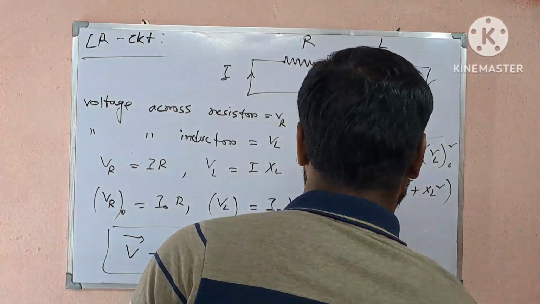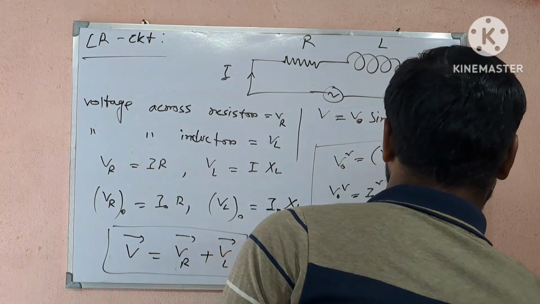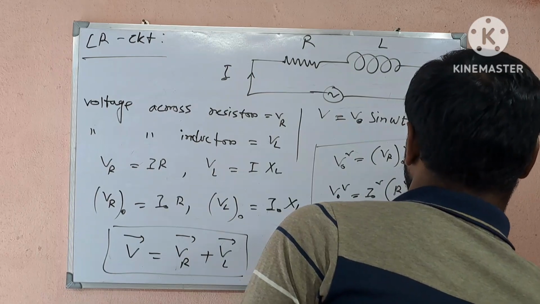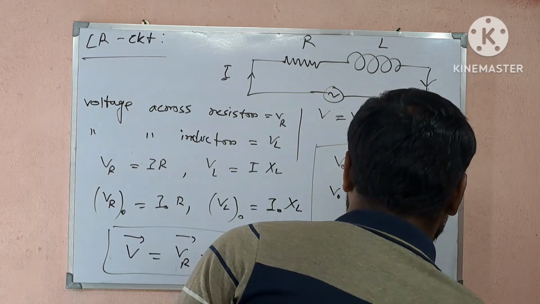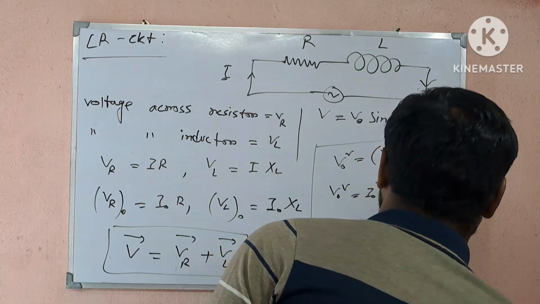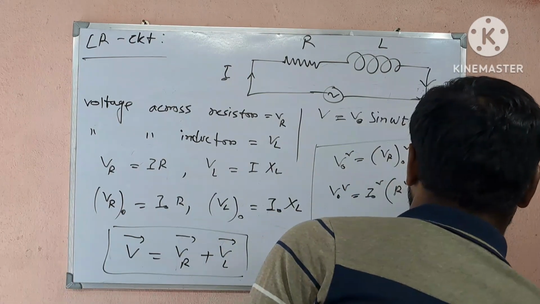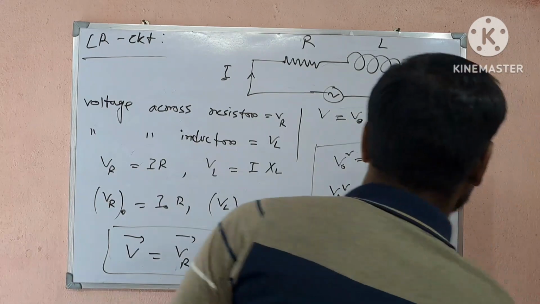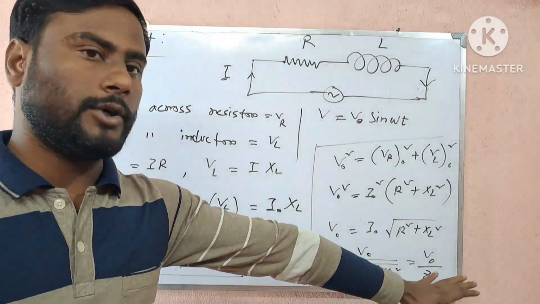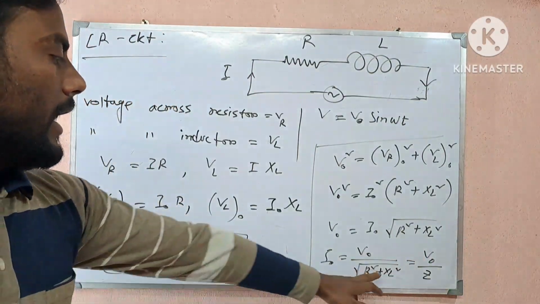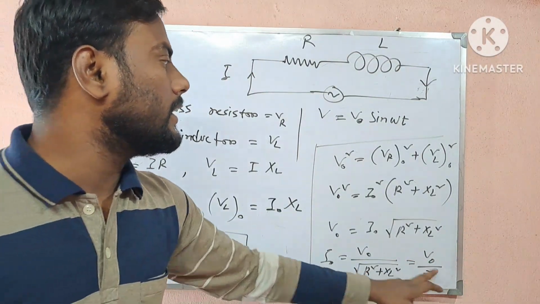We can write V naught equal to I naught into root over R square plus chi L square. So I naught equal to V naught divided by root over R square plus chi L square. Then this is known as V naught divided by Z. So Z is basically equal to effective resistance or impedance as the previous one, and the formula is root over R square plus chi L square.